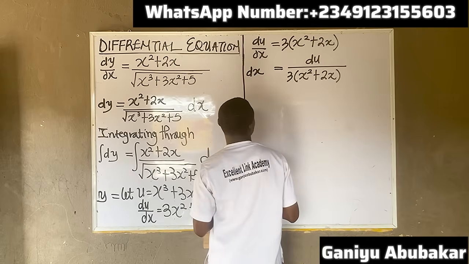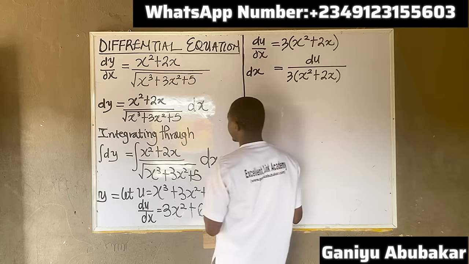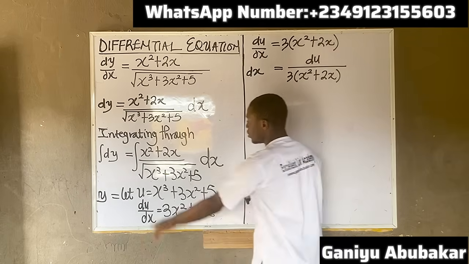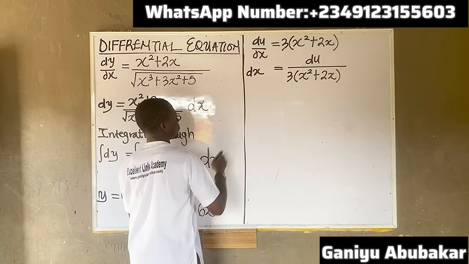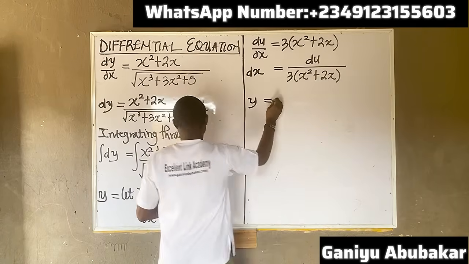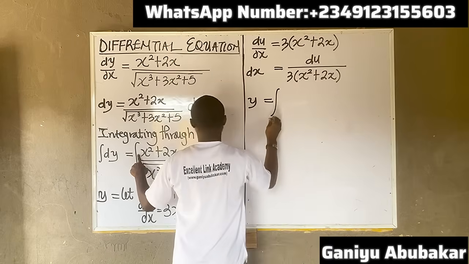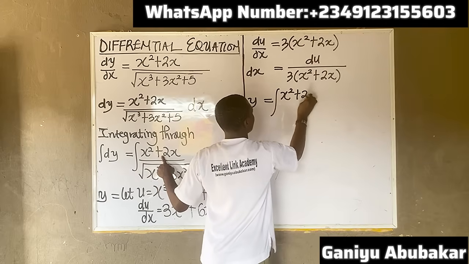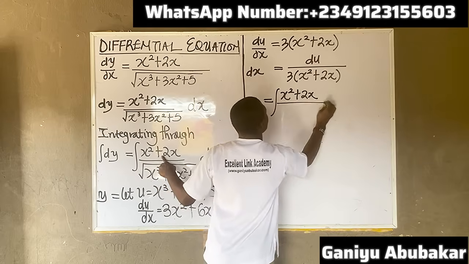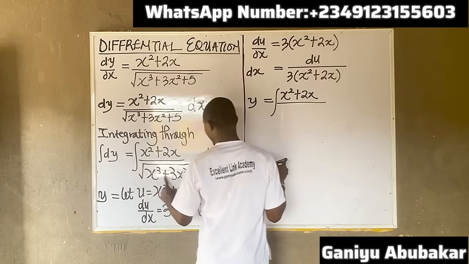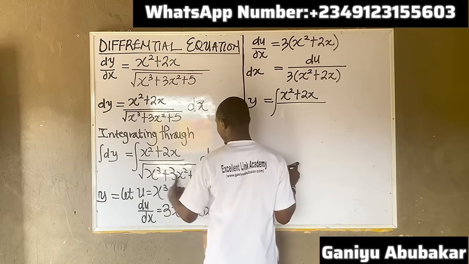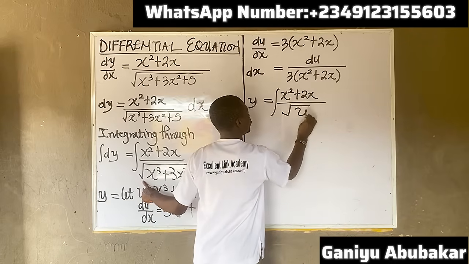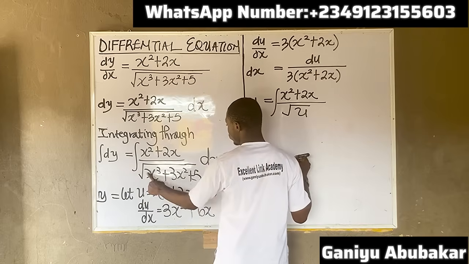Next stop. Your next task here is to substitute, right? Substituting. This gives you y is equal to the integral of x squared plus 2x all over this one here, which you said is u, so that gives you root u, because everything in the bracket in this root is u.